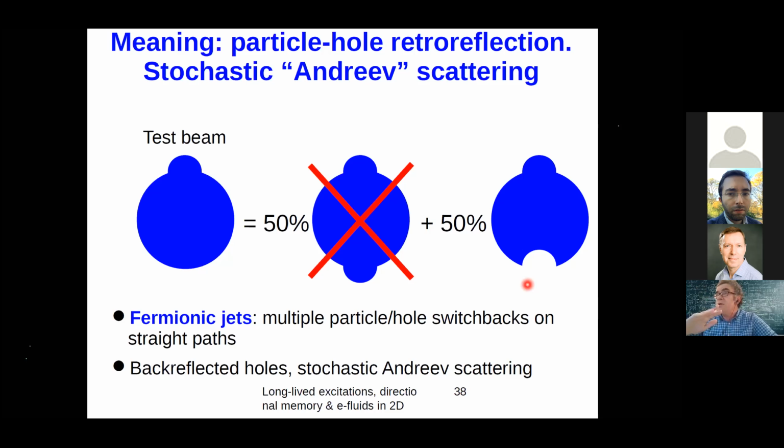Now, because of slow angular relaxation at the rate t to the fourth that we talked about, eventually it will die out. But there'll be a long-lived mode which will look like electron-hole switchbacks, and that's the microscopic picture of what these odd-parity modes do, right?